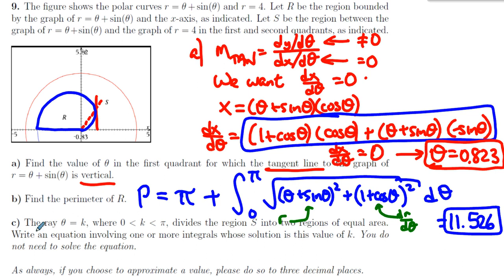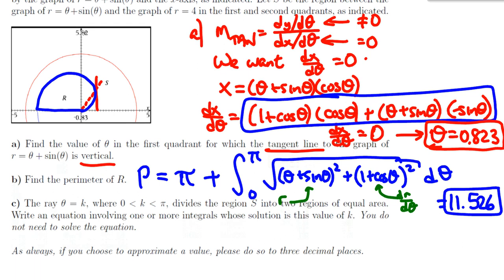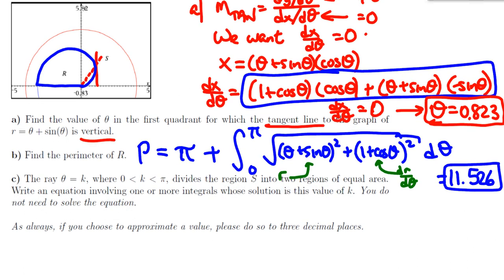So the ray divides the region S into two regions of equal area. Write an equation involving one or more integrals whose solution is this value of k. So what in the world is happening here?